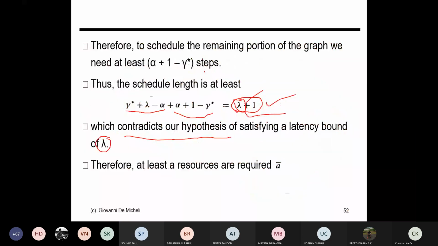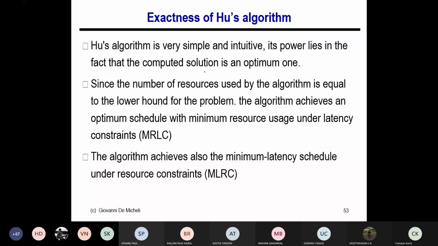Now I already argued that it's a very simple and very intuitive algorithm, but it's very powerful because it gives a solution which is optimal, both in the context of MRLC and MLRC, right? And that is given by the next two theorems.